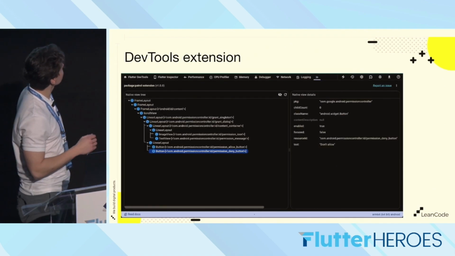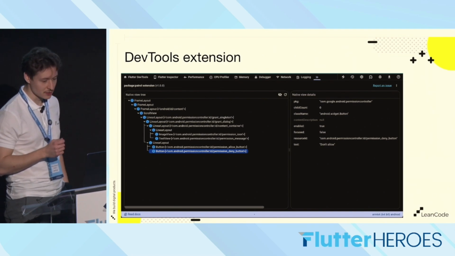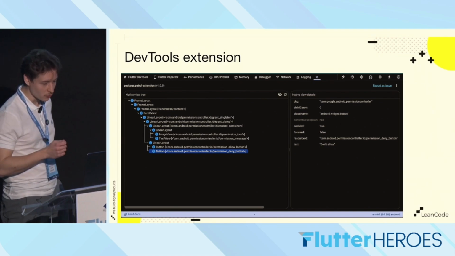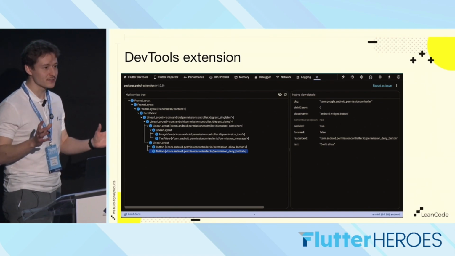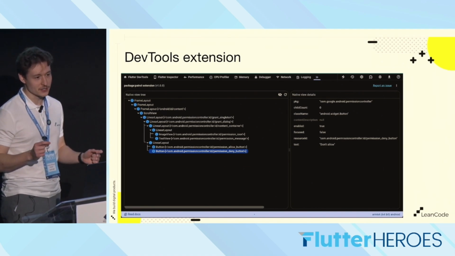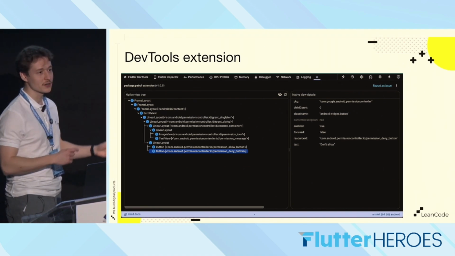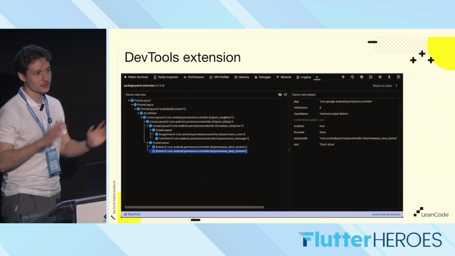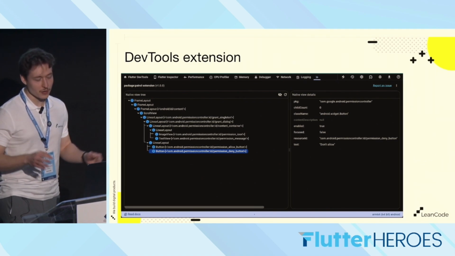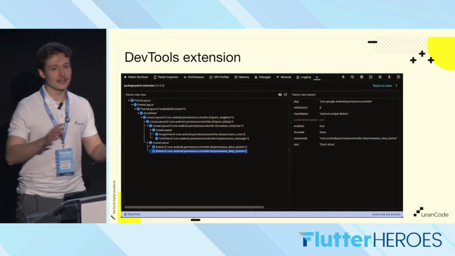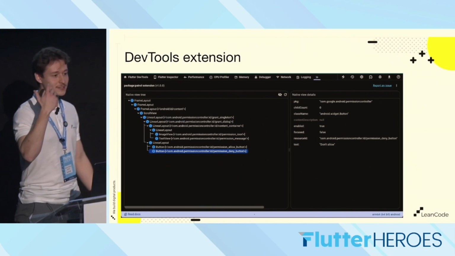And we also have a DevTools extension, which is pretty cool, because if you use native stuff, you don't know what the identifiers of native views are. For example, if you use a third-party SDK, like PayPal or Stripe, and you want to click on some button, you don't know the ID of this button.